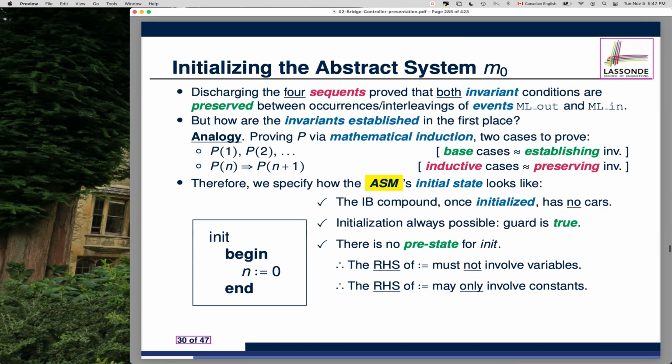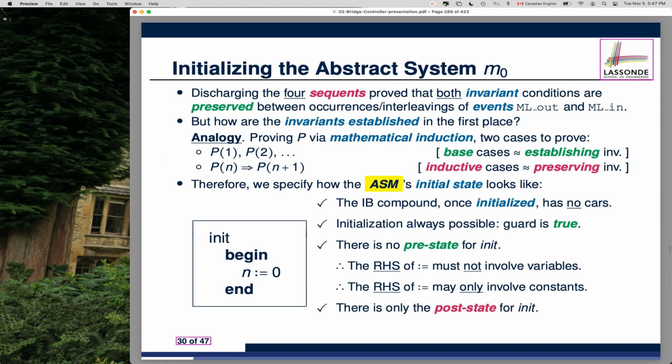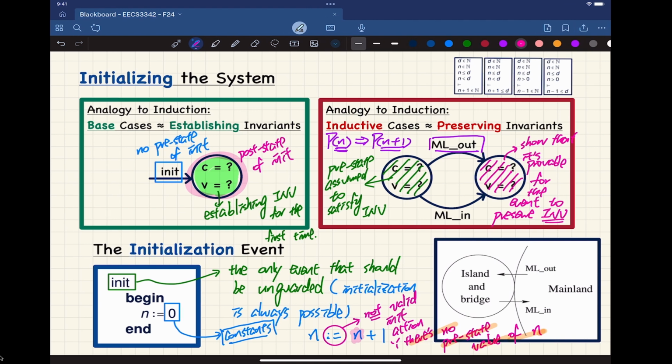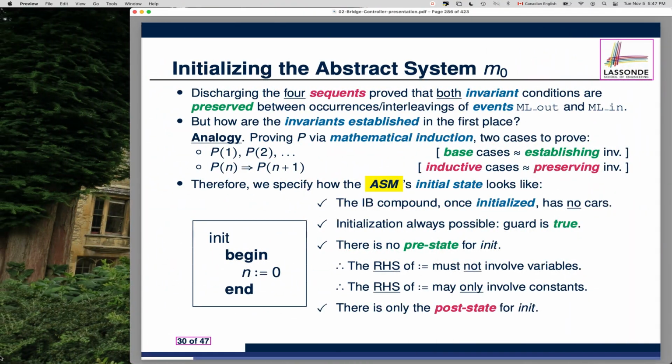Okay, so far still straightforward. Only involve constants, what I just said. There's only a post-state for the init. You can see that this is the post-state for the init. All right, so that's what you need to know about the syntax for init. Whenever you declare your init events, just make sure on the right-hand side, you never put any variables.